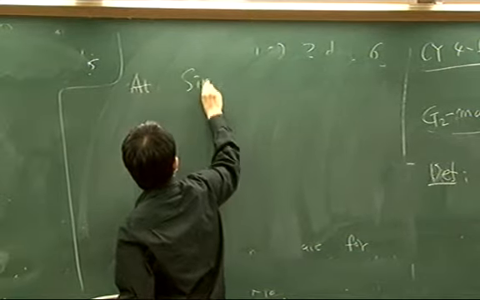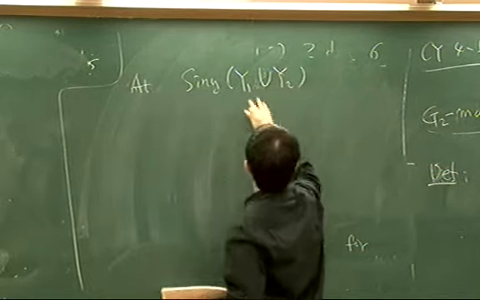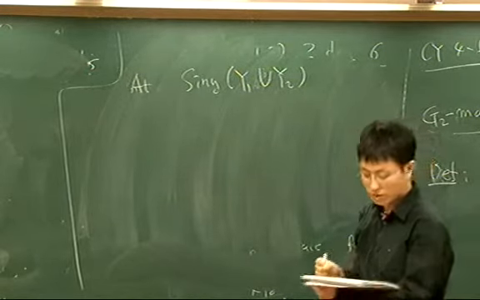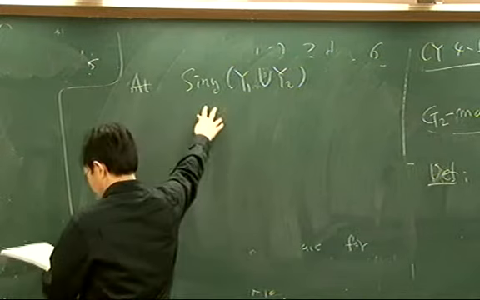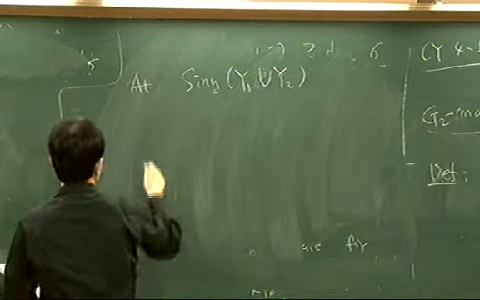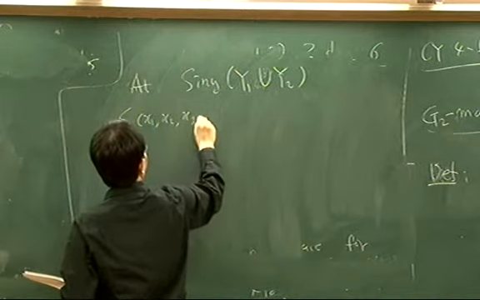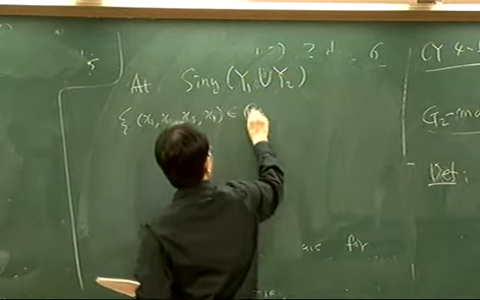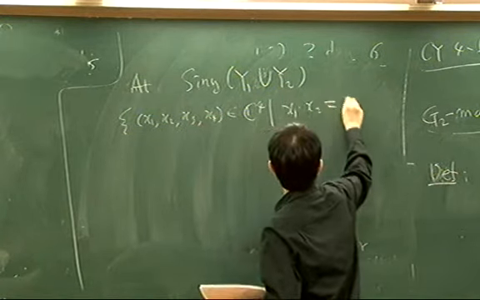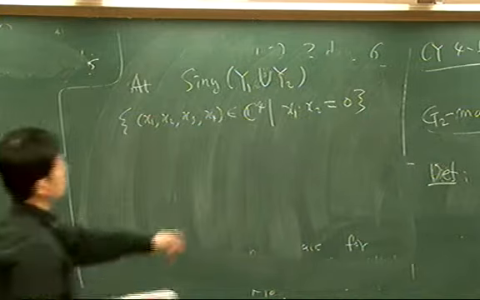Each of them is smooth, but at the intersection the variety is singular, and locally the singular point looks like x1 x2 equals 0.